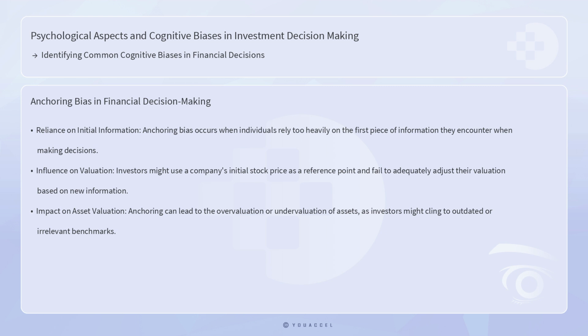Tversky and Kahneman demonstrated this phenomenon in their seminal work, showing how initial exposure to a number can unduly influence subsequent judgments and decisions. In the context of investments, anchoring can lead to the overvaluation or undervaluation of assets, as investors might cling to outdated or irrelevant benchmarks.